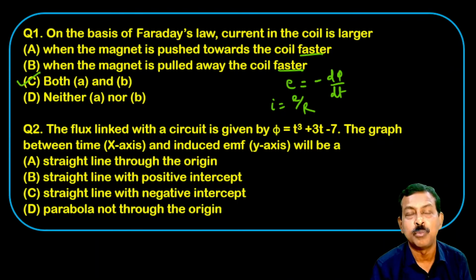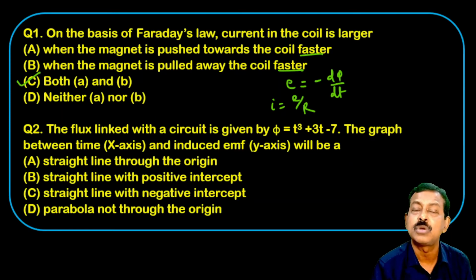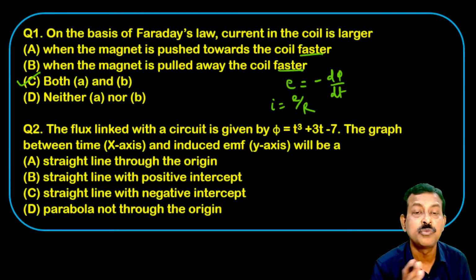That means both are correct, because it is not said in which case we are moving it faster. So in both cases there will be induced current, and the current will be larger because it is being moved faster. If you are moving it slowly, it will be less.